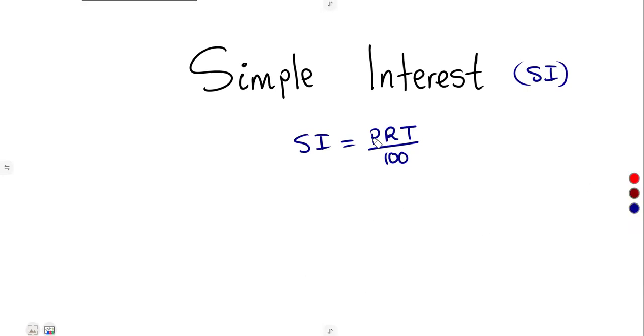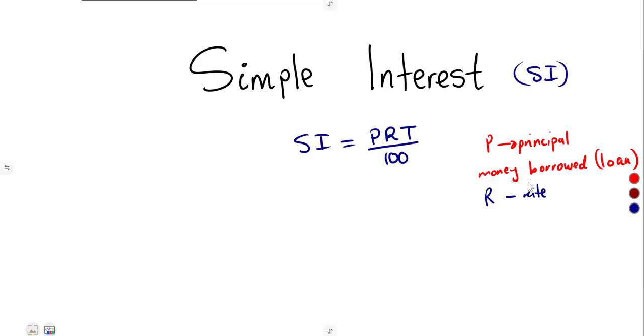P represents the principal. This is the money borrowed, or the loan. That is our principal.